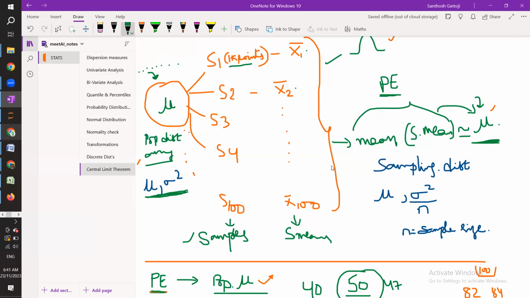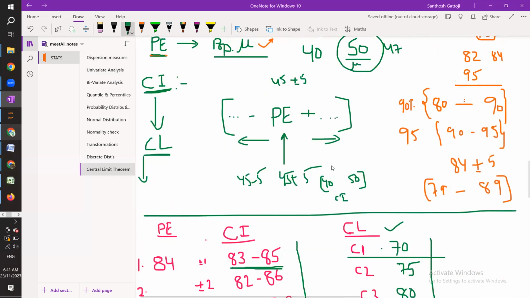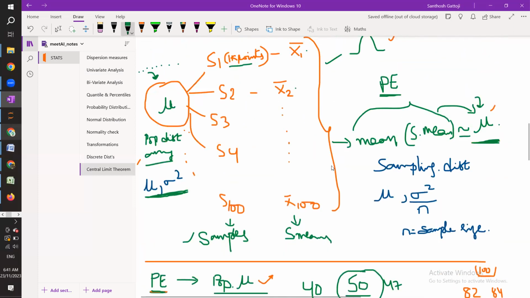Are we good with this, guys? Are these concepts still with you, or did they just disappear? Okay, so I hope you remember these concepts.